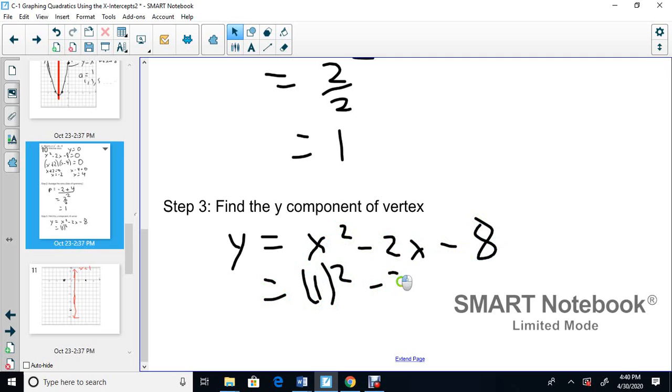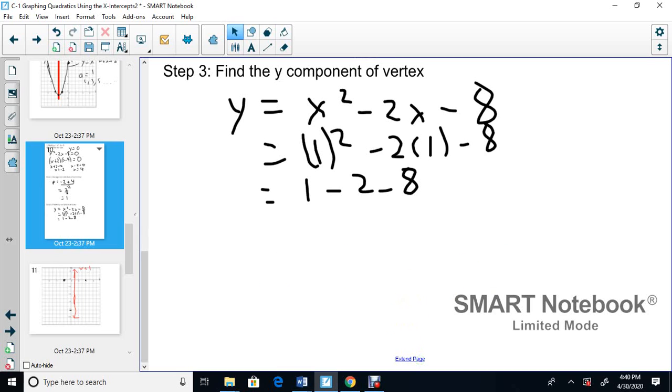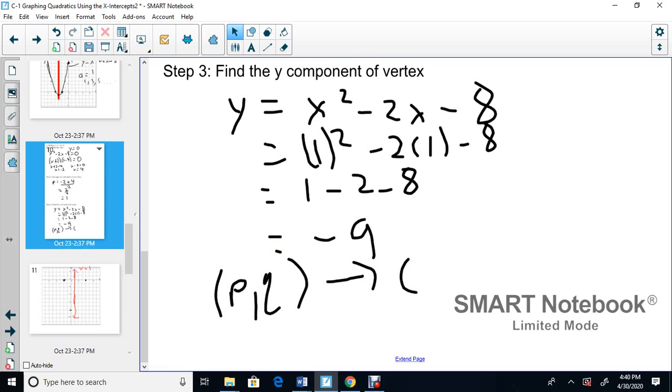Wherever I see an x, I plug in the 1. You can use your calculator, but here I'll do it quickly. 1 minus 2 is negative 1, minus 8 is negative 9. So my vertex, my P comma Q: my x component was 1, my y component's negative 9.